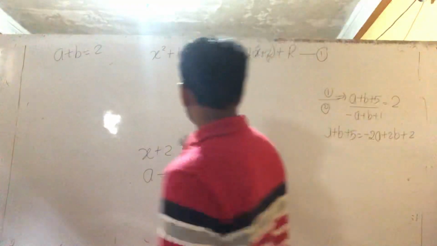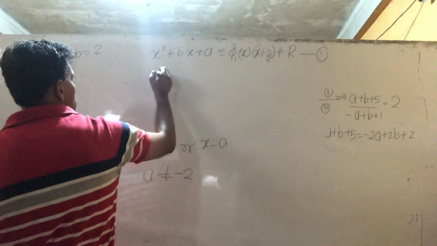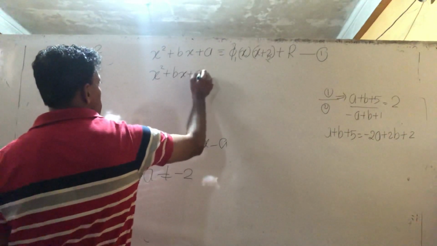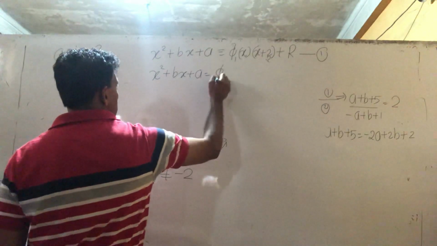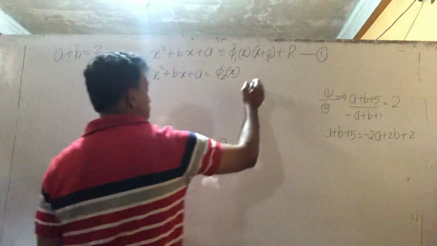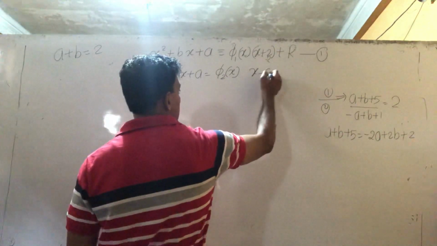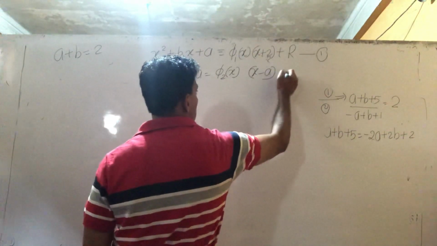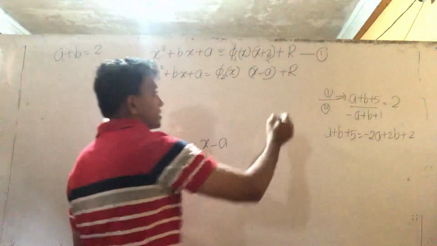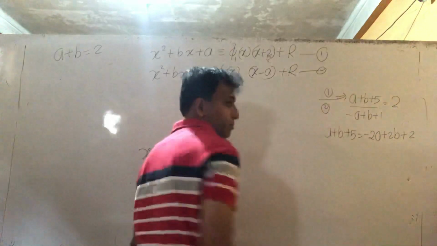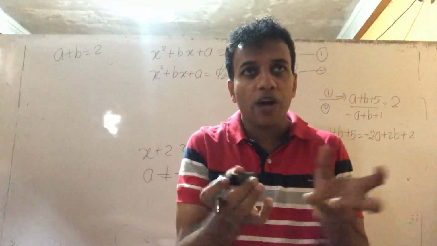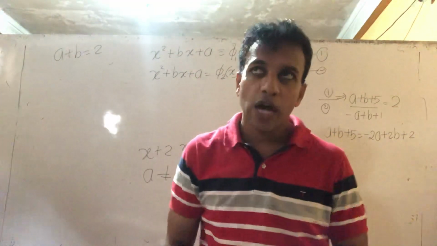Second equation, x square plus bx plus a equals φ2(x) into x minus a. Here the same remainder is r. Same remainder, right? Say second equation. So remove the r also. If we equate both occasions, r equal to r, you can go to the answer.